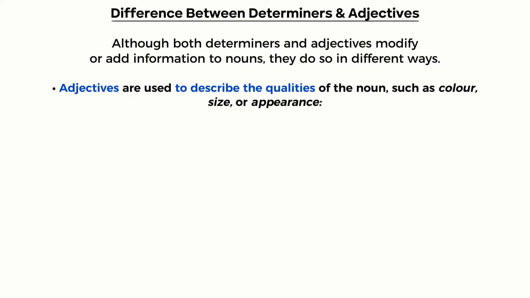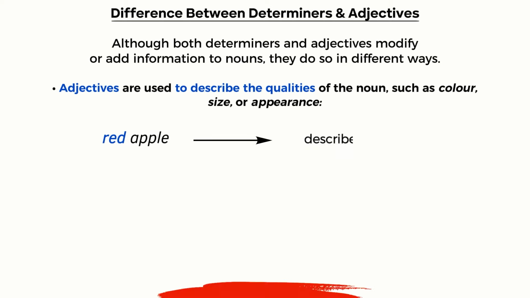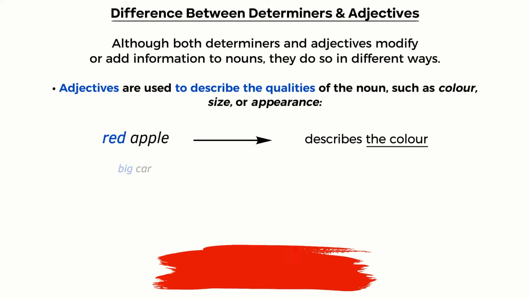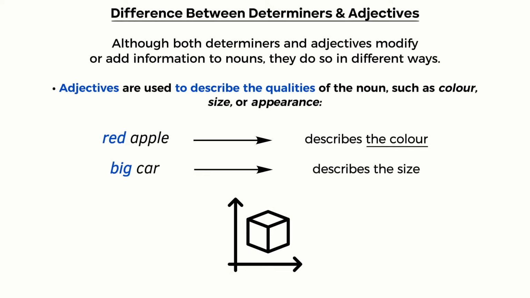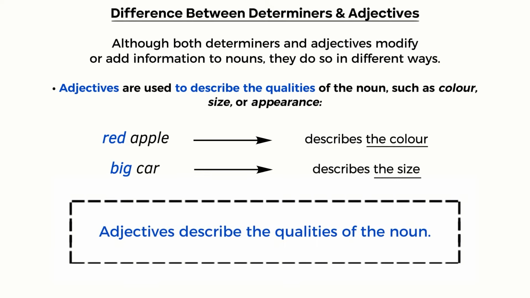Adjectives, on the other hand, are used to describe the qualities of the noun, such as color, size, or appearance. For example, red apple describes the color. Big car describes the size. Adjectives describe the qualities of the noun.